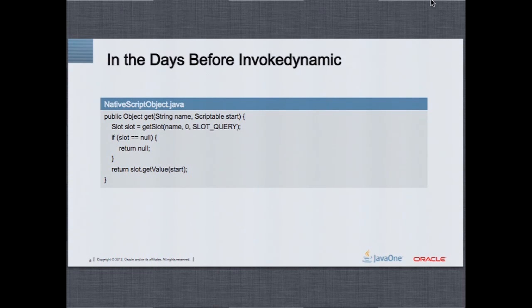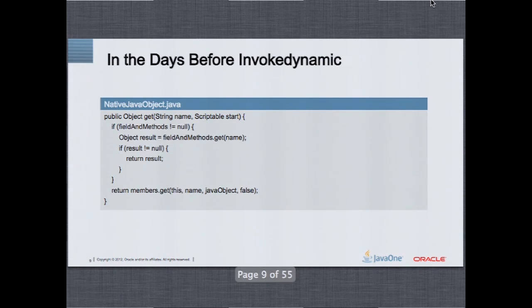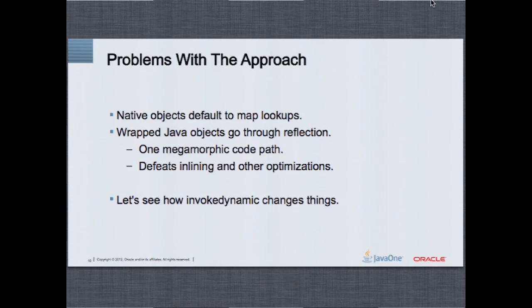So JavaScript objects are basically just associative dictionaries. So they look like a map and they walk like a map. So they're pretty much a map. And if you have an integration with a Java object, you might have a wrapper around the Java object where you would do some reflective discovery of your getter, maybe a field, maybe a method named getSomething, and then you invoke it. And this invocation then is again reflective.